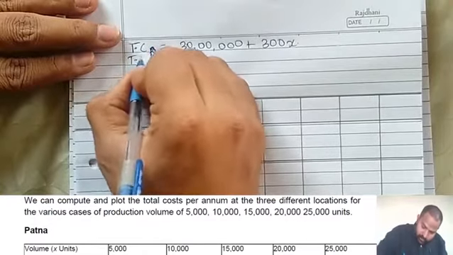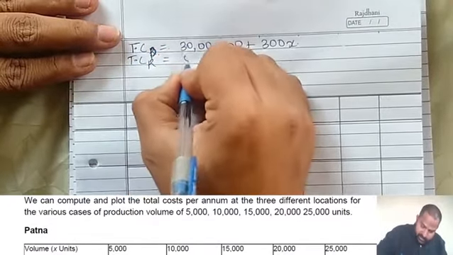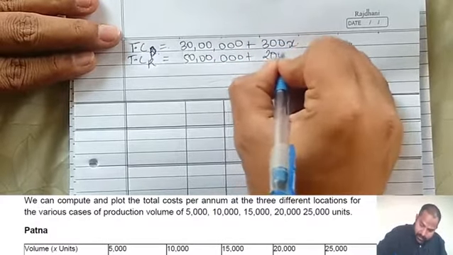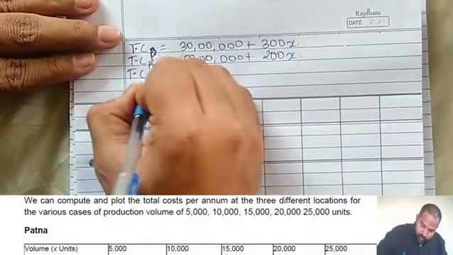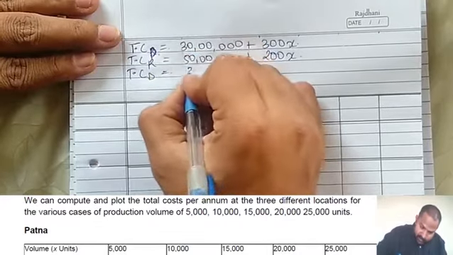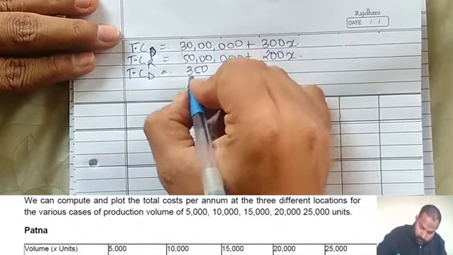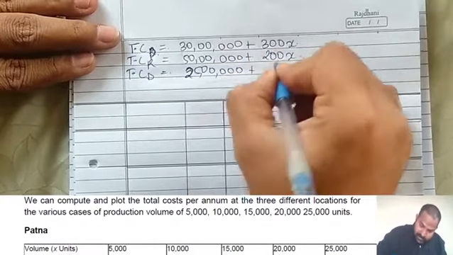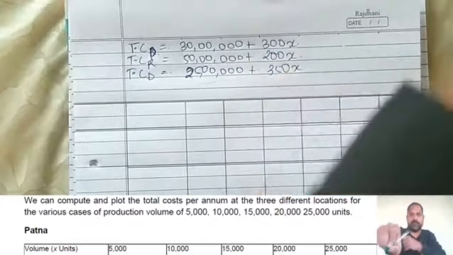Total cost of Ranchi is 50 lakh plus 200x, and total cost of Dhanbad is 25 lakh plus 350 into x.